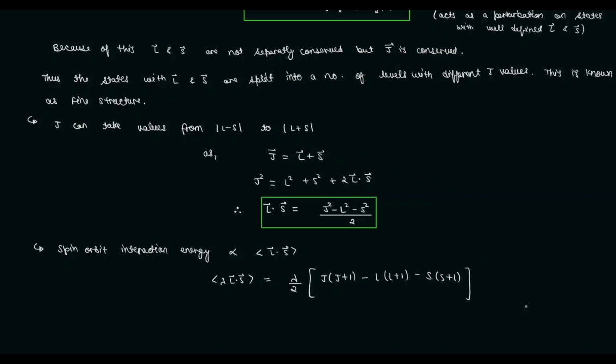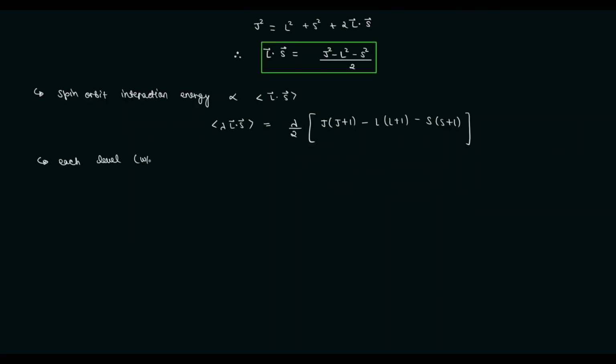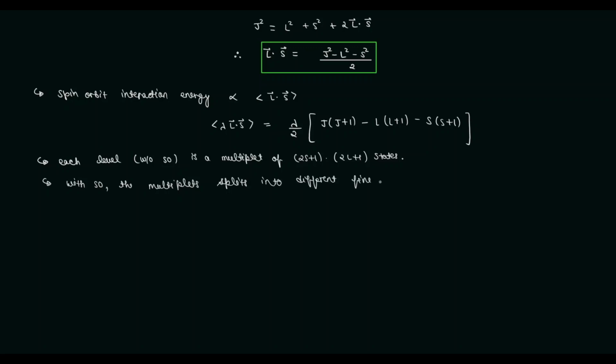So the energy eigenstate can be labeled with the values of S and L. Now each level without the spin-orbit interaction is a multiplet of 2S plus 1 times 2L plus 1 states, and with spin-orbit interaction as a perturbation, the multiplet splits into different fine structure levels labeled by the value J, with degeneracy 2J plus 1, so that these levels can be split into different mJ values by applying a magnetic field.